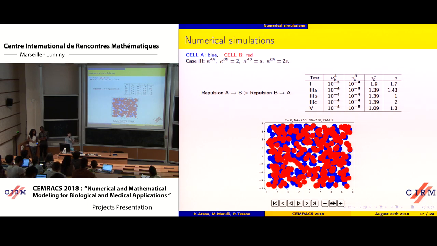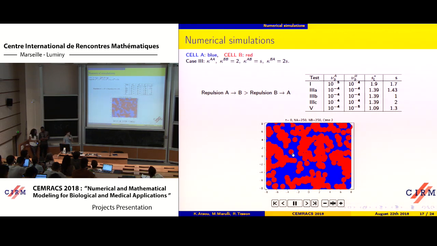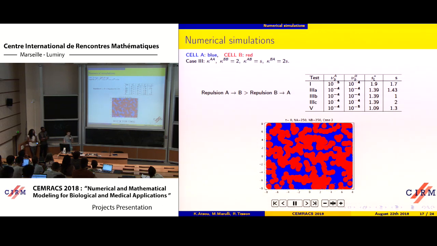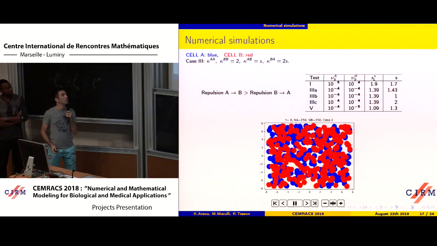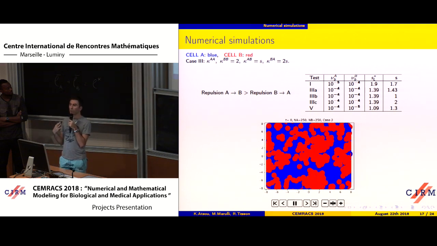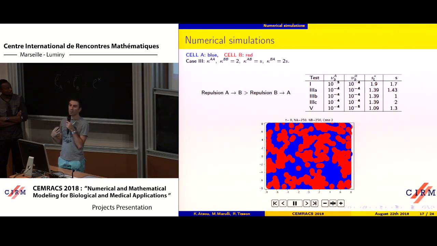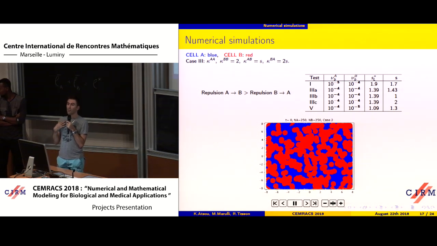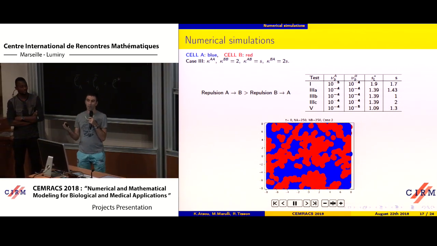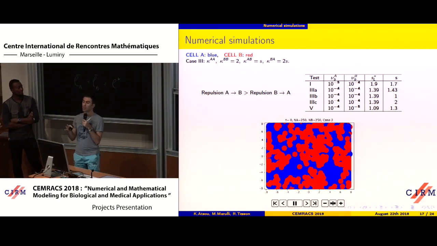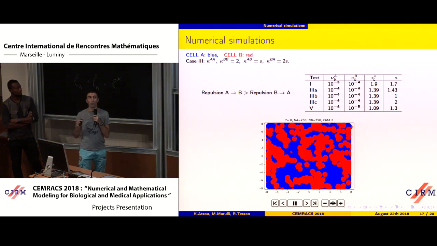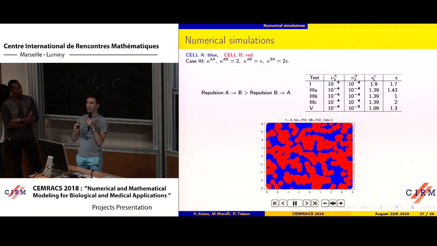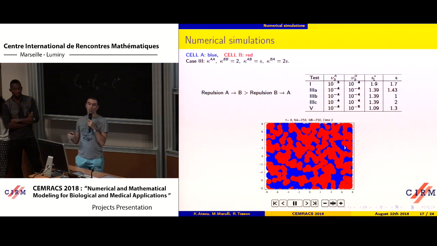We performed numerical simulations of the microscopic model, because the idea is that you can choose the parameters to see if you find back the results given by the stability analysis. And if you really find back the results given by the stability analysis of the macroscopic model, that means the microscopic one is a good approximation, really linked to the macroscopic model.